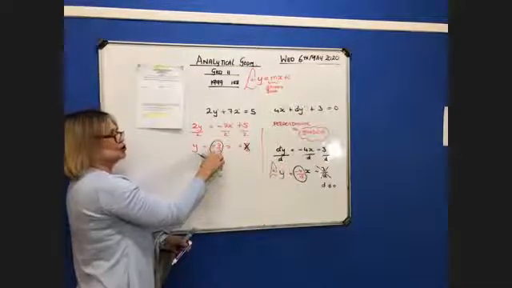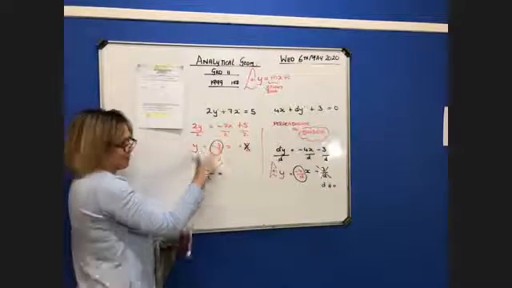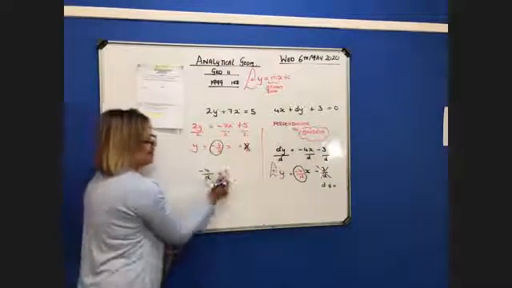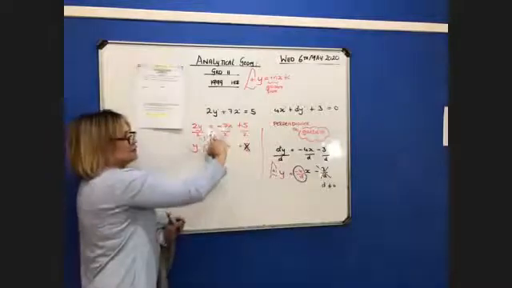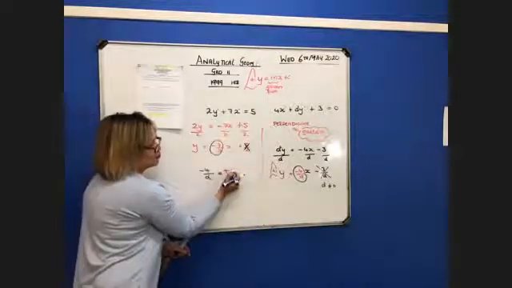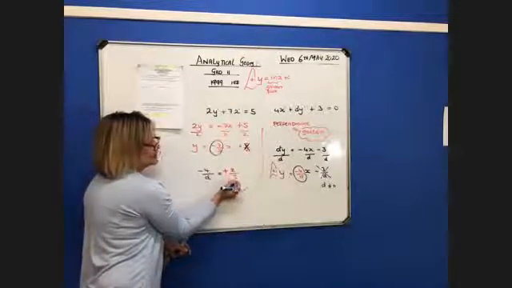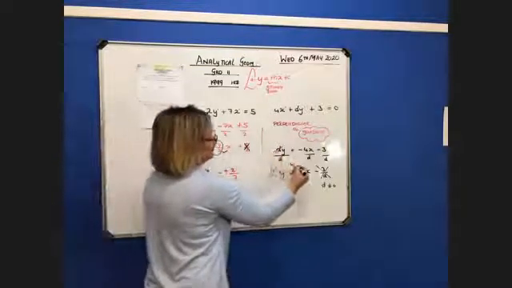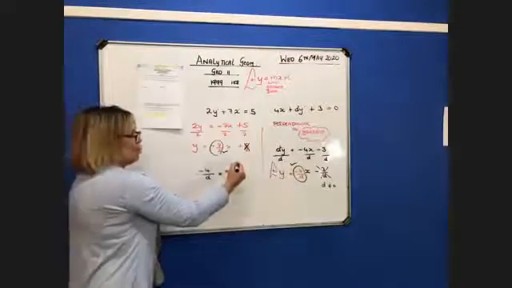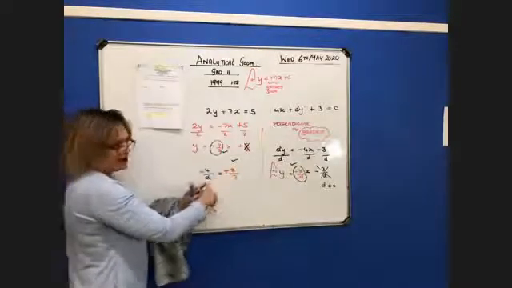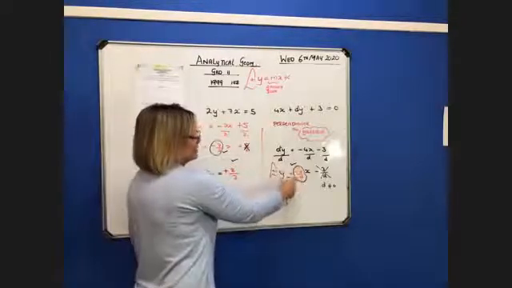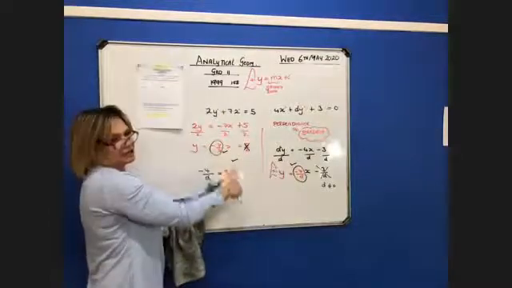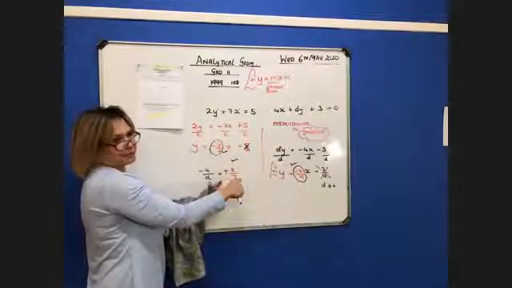Now watch. You change this to the opposite sign, so it will become a plus. And if you flip 7 over 2, the reciprocal will be 2 over 7. So 1 mark for getting this gradient, 1 mark for getting that gradient, 1 mark for making the one gradient, keep it as you see it, equal to the negative reciprocal.